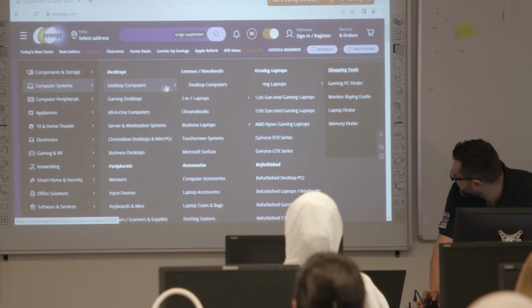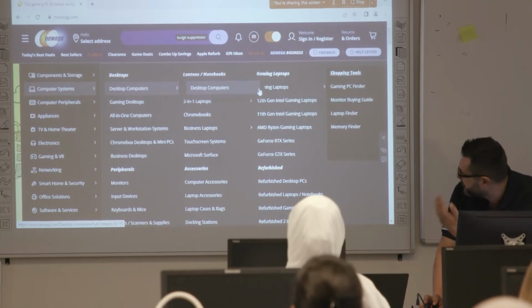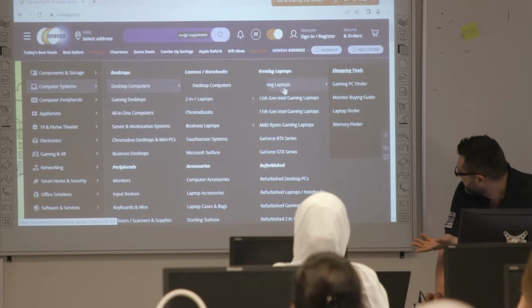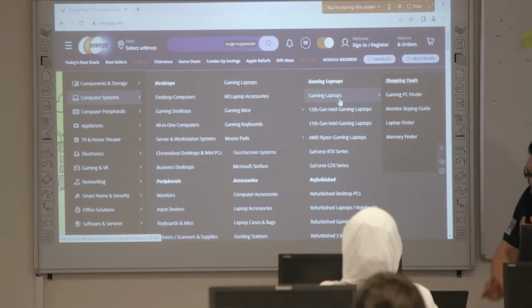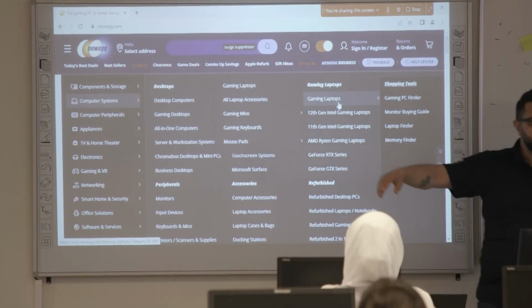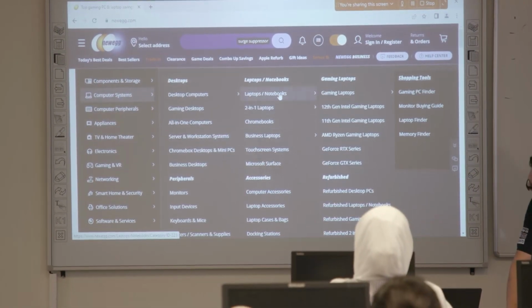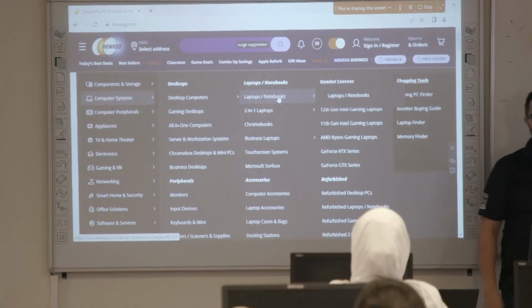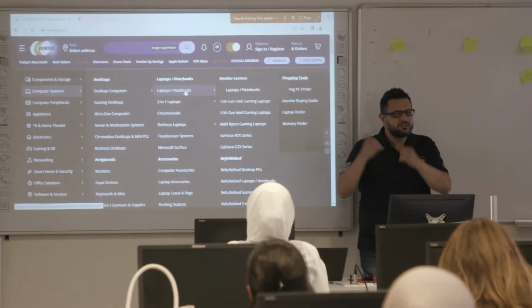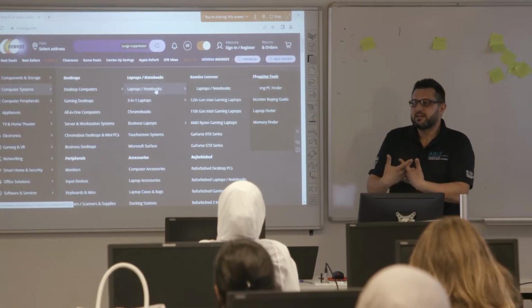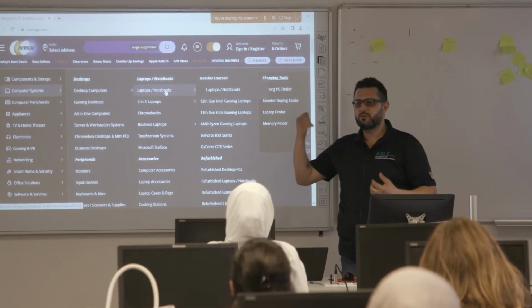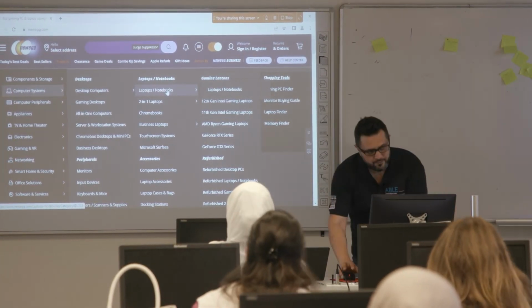So I move past desktop computer, then move further right to get back to the left option, and getting to gaming laptop, it's popping to the left-hand side. So it's preventing me from getting to my destination, which is laptops or notebooks. So imagine this for people who are using assistive technologies. How hard will it be for them?